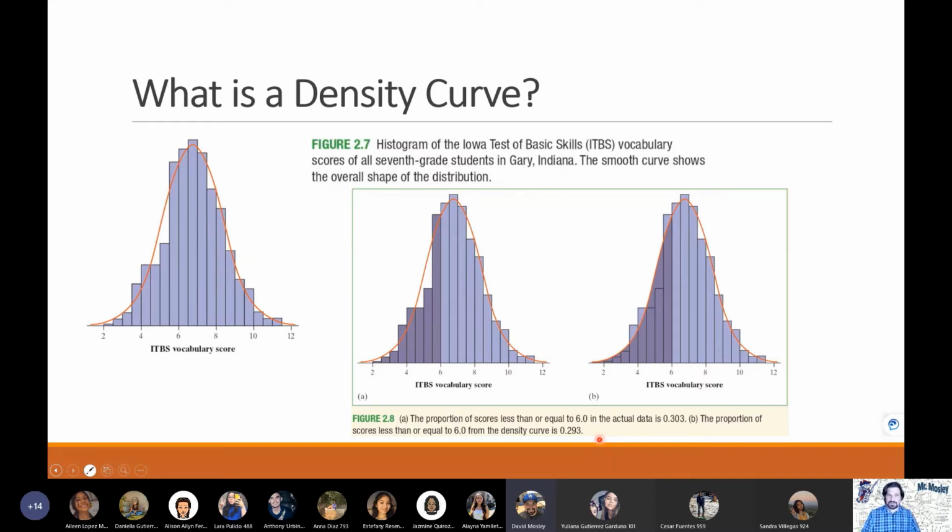We'll have to learn how to use them, but that is definitely preferred to doing the calculation. Calculation is horrible. Yeah, it brings back shivery memories. All right. So this is how a density curve is seen and how it's used. It goes back to our percentiles and percentages of distributions.